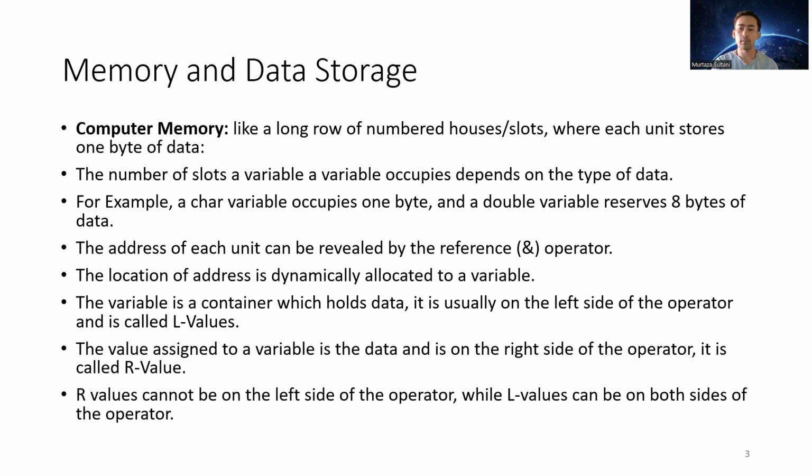So we may have integers, doubles, char, and bool, or sometimes void. Each type of data has a unique capacity and size. For example, if we have a char variable, it occupies 1 byte. However, if we have a double variable, it occupies 8 bytes.